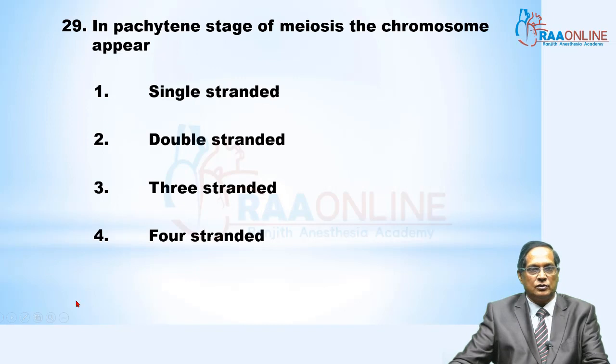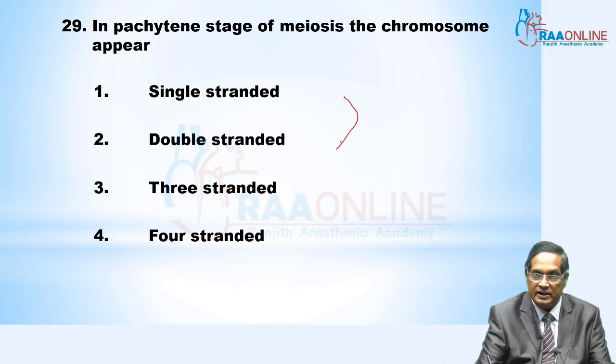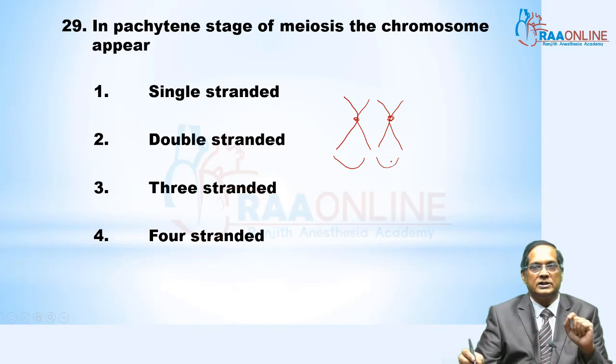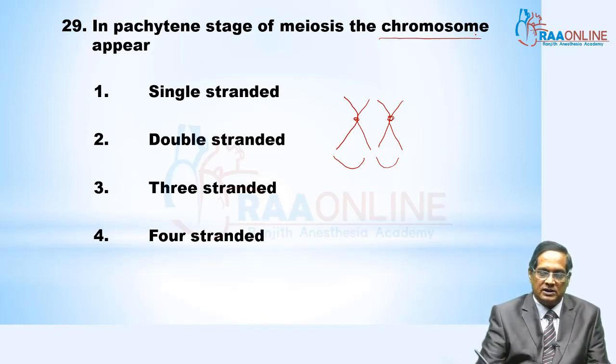In the pachytene stage of meiosis, chromosomes appear, each chromosome with 2 strands. And in the bivalent, 2 chromosomes are there, so a 4 stranded stage is obtained. As far as a single chromosome is concerned, it is double stranded.